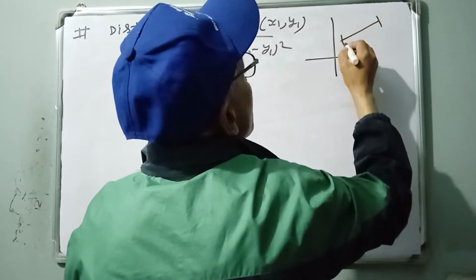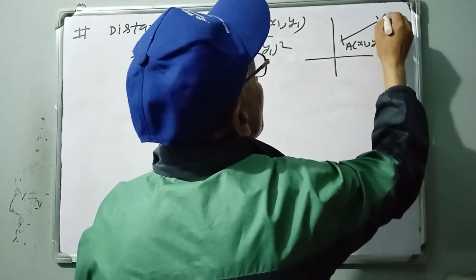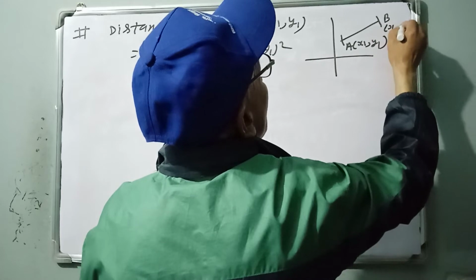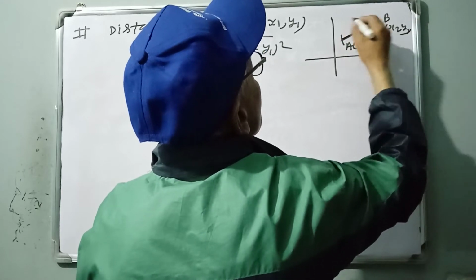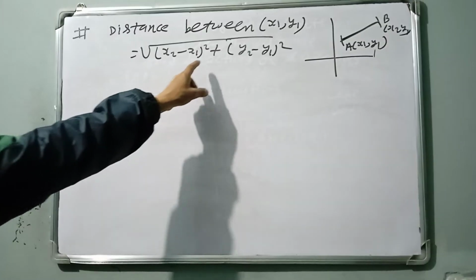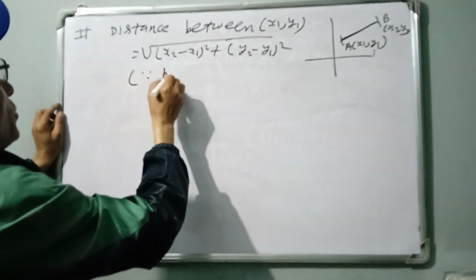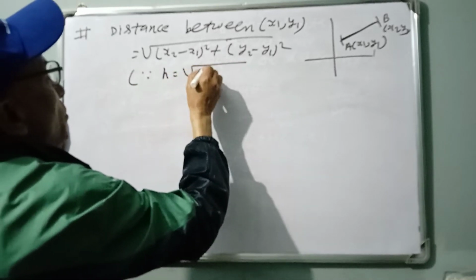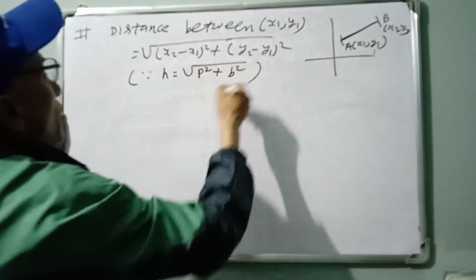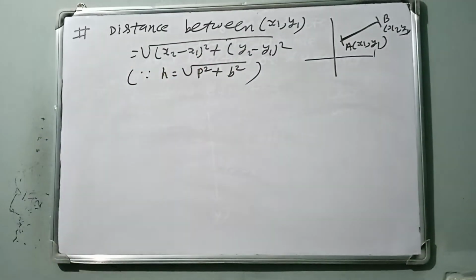Suppose there are 2 points A(x1, y1), B(x2, y2). The distance between them is the square root of (x2 minus x1) whole square plus (y2 minus y1) whole square. It is very similar to the Pythagoras theorem. Hypotenuse equals under root perpendicular square plus base square. You can prove it, but here for the sake of convenience, I have just written the formula.